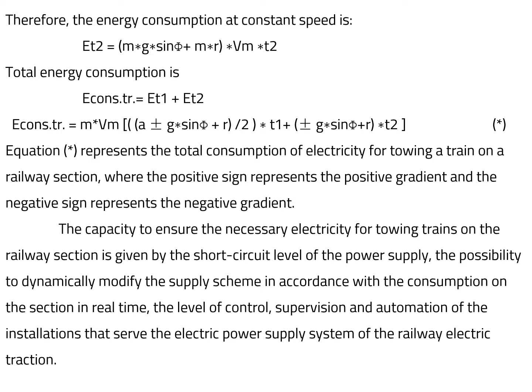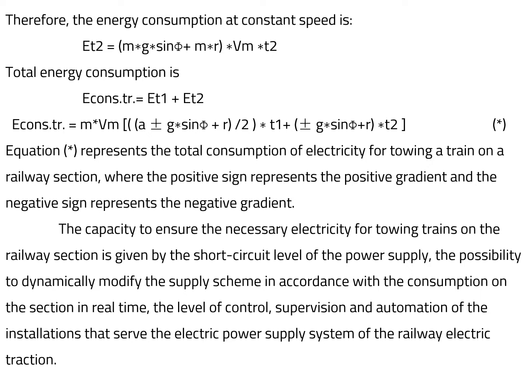The total energy consumption is ET1 plus ET2. It can also be calculated by the following formula: m times Vm multiplied by ((a plus g times sin φ plus r) divided by 2 times T1, plus or minus (g times sin φ plus r) times T2).